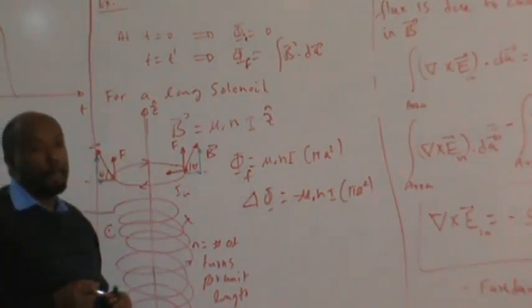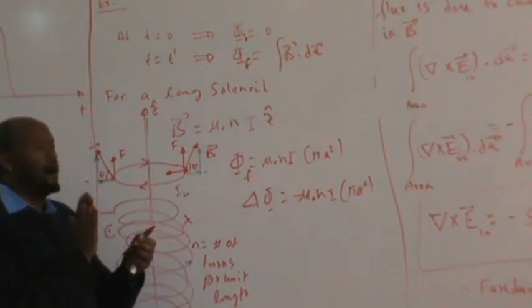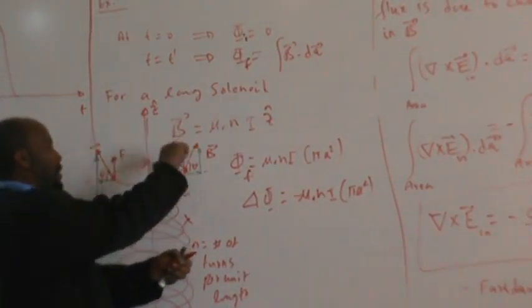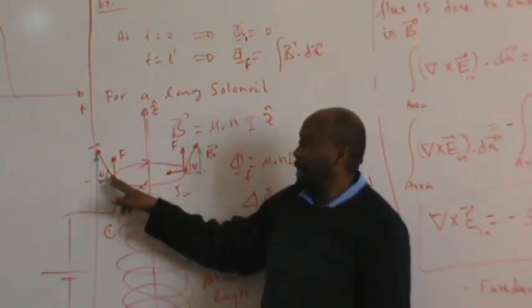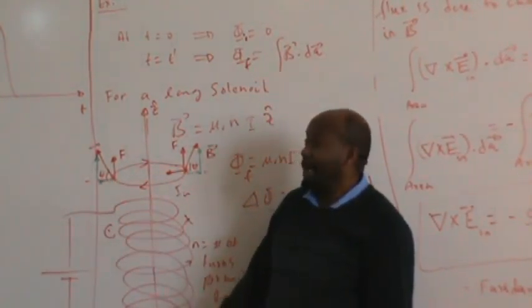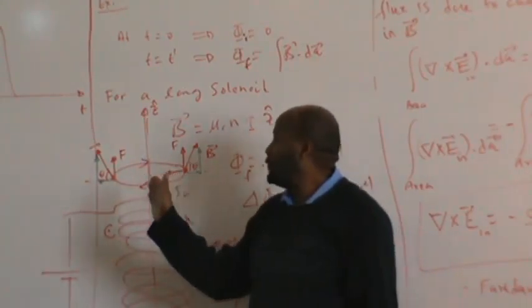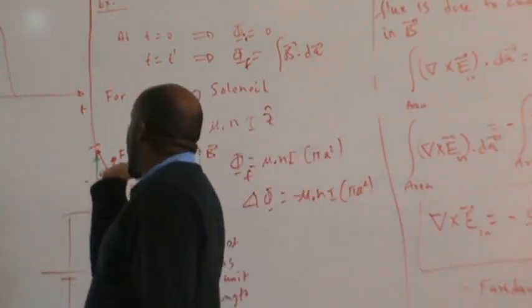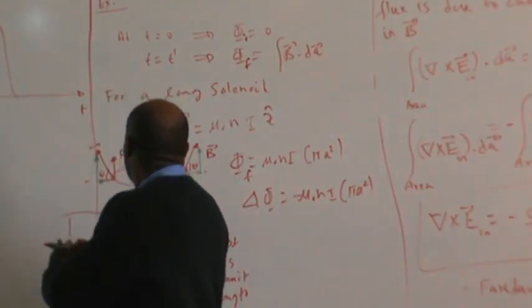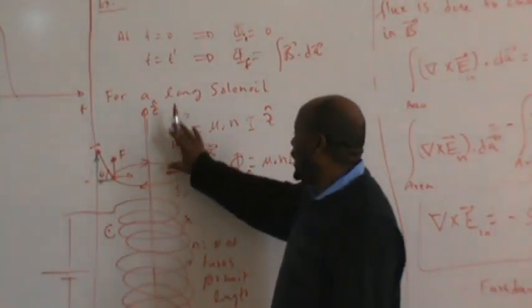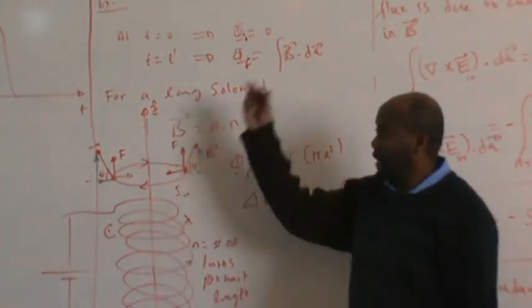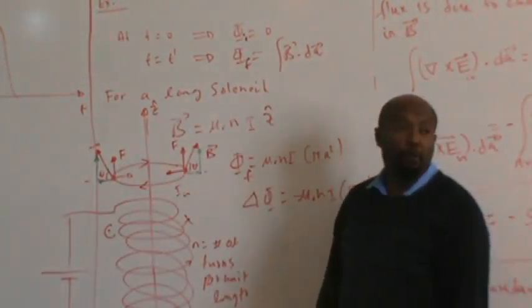So I crossed with B, you get a force in that direction. At the same time here, at this point, you have a current going in, magnetic field up, so I cross B and you get a force in this direction. So these two cancel out, and you would have a net force that pushes the ring upward.